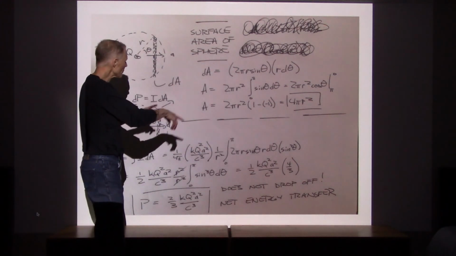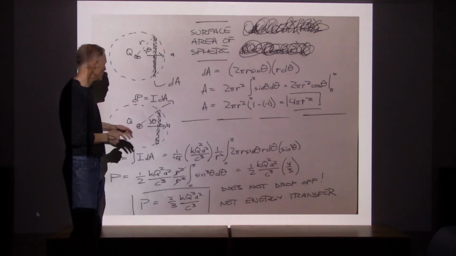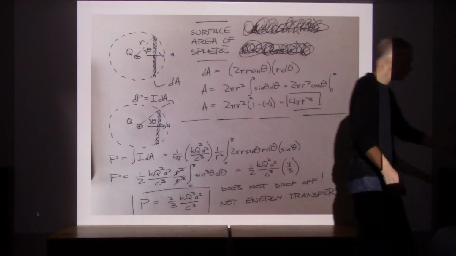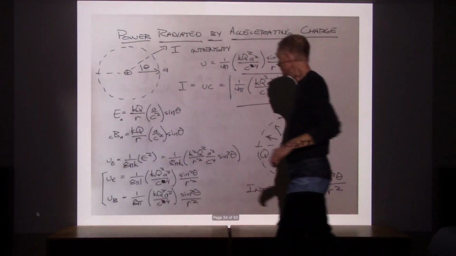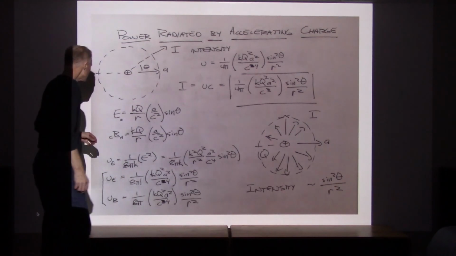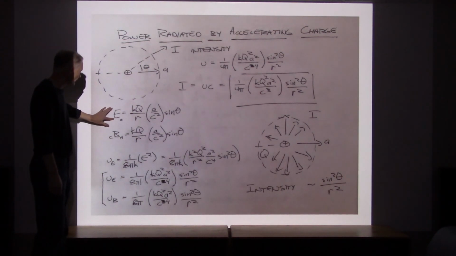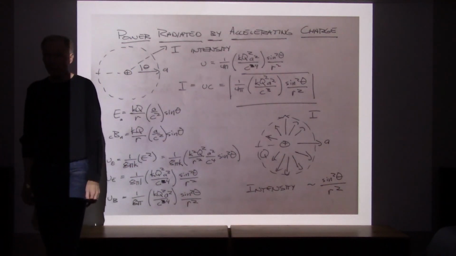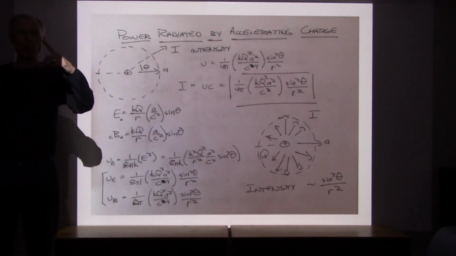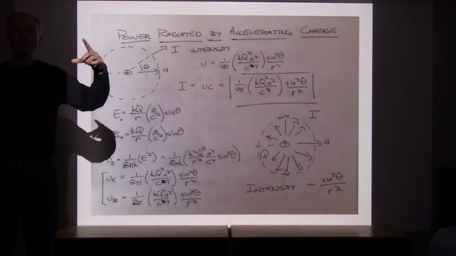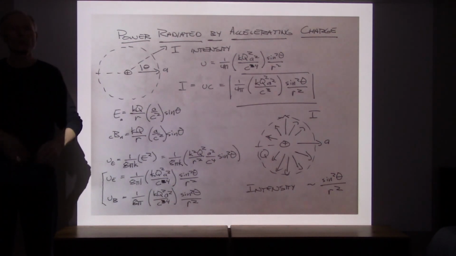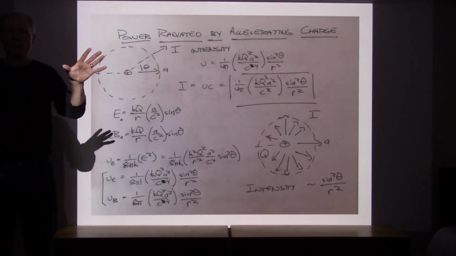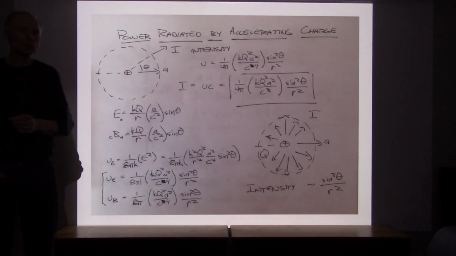So if I were carrying out the same integration, but using the velocity field formulas instead of the acceleration field formulas, what we would find is, as we go from one shell to the next, the amount of power is decreasing. So I'm not getting a consistent transfer of energy away from that charge.